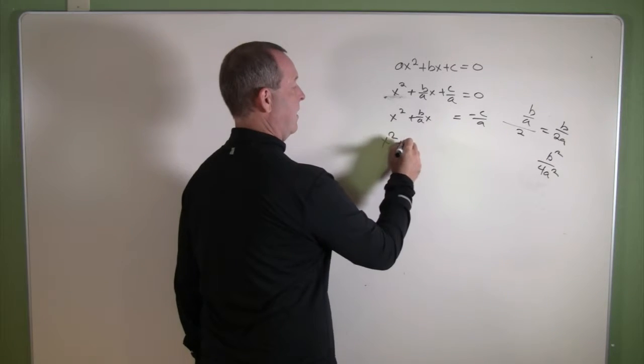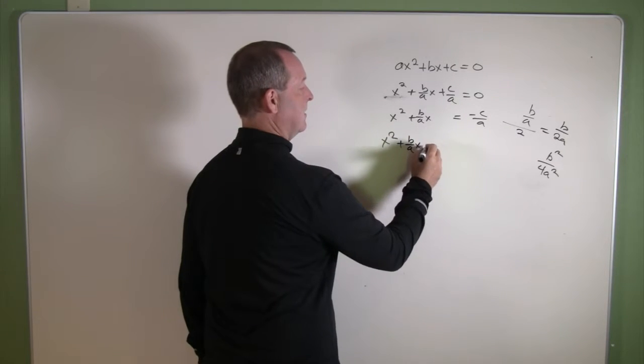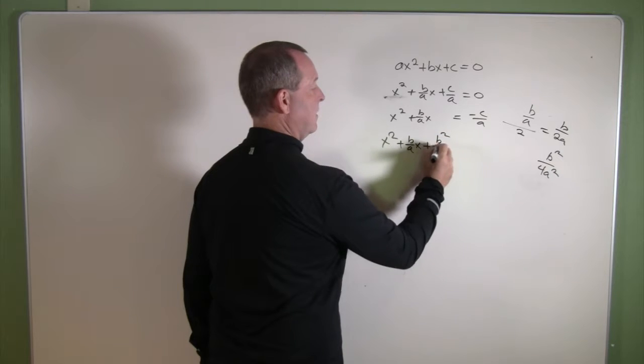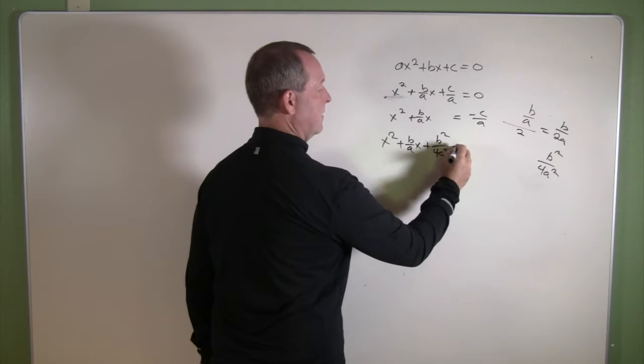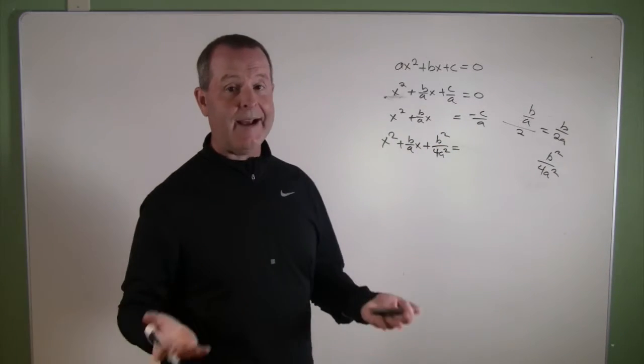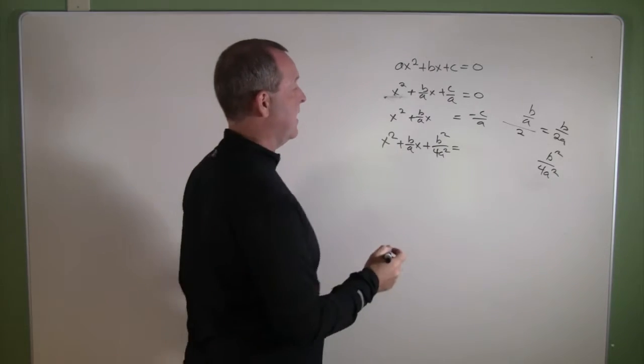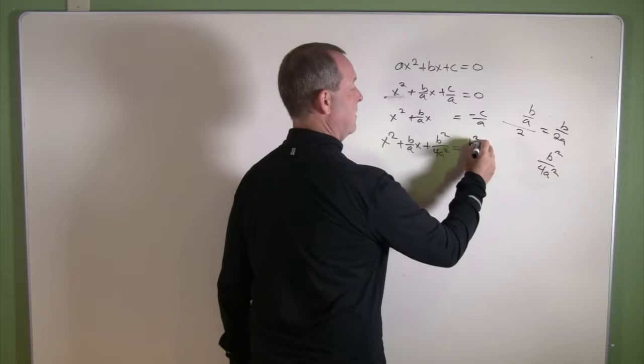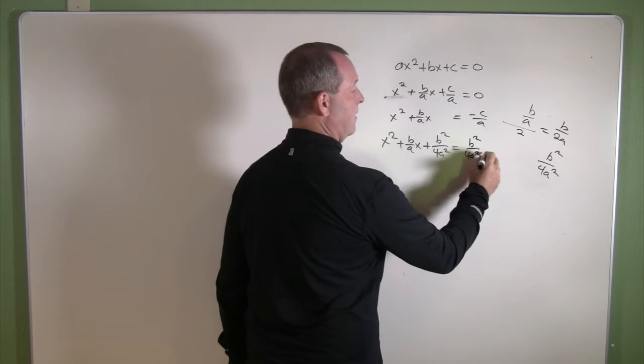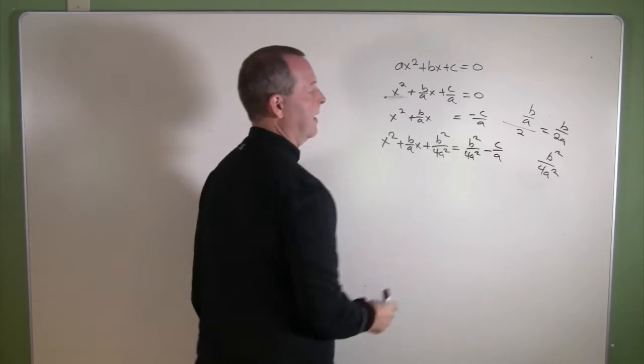So I have x squared plus b over a x plus b squared all over 4a squared. And whatever I add to one side, I better add to the other side as well. So I have b squared over 4a squared minus c over a.